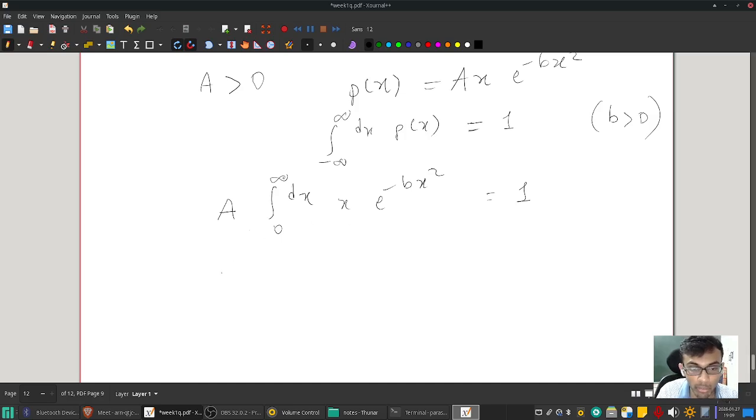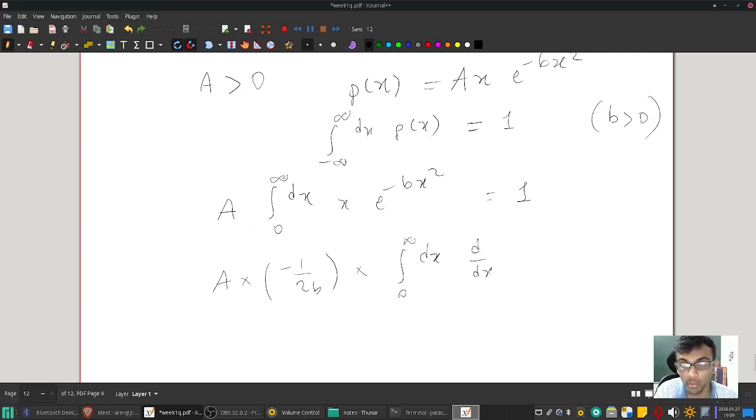This is actually a simple integral. This is just a derivative of this.